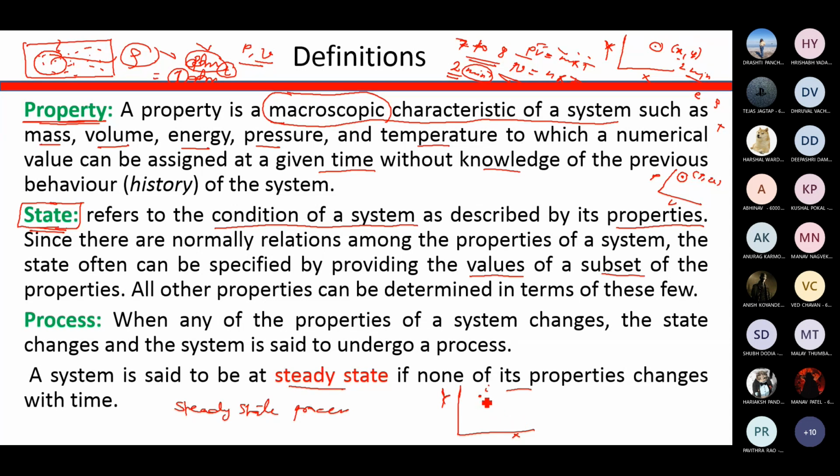Even if a single property of your system changes, then the next state of the system will be different from this initial state I, right? So let us say your final state is this one. Your system has changed its state from initial state I to final state F. The properties at this point are different from those at that point, right?